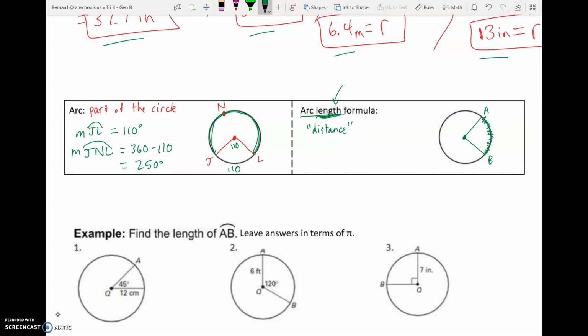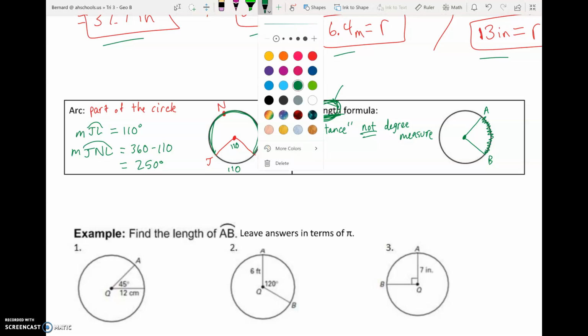So we're finding out how long that is, and that does not mean degree measure. Distance, not degree measure. And so that's one of the toughest parts about this learning target, differentiating those two. Are they asking me for a degree measure or are they asking me for a length or distance? And if you see the word length, that's when they are asking you for a distance.